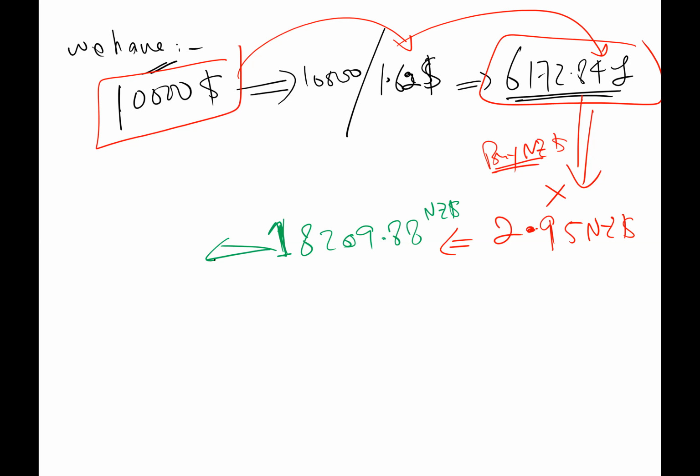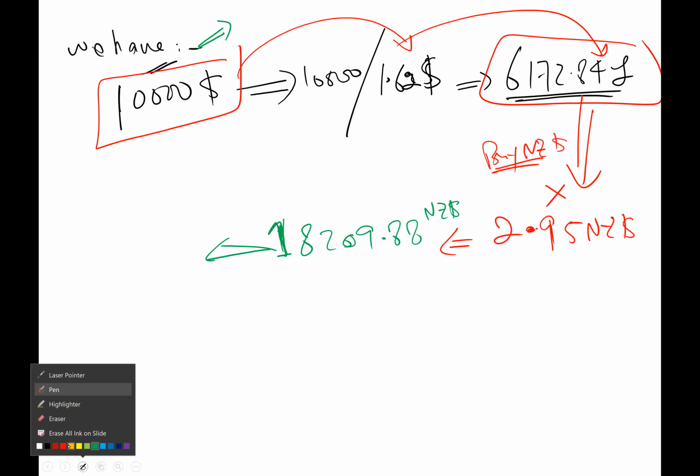What is your target? To convert this into US dollar. So you have NZ, now you want to sell your New Zealand dollars into US dollar. When you sell it, which rate will you be given? Bid.